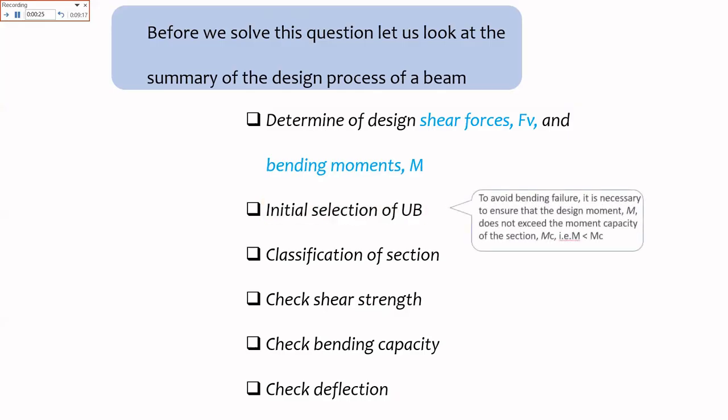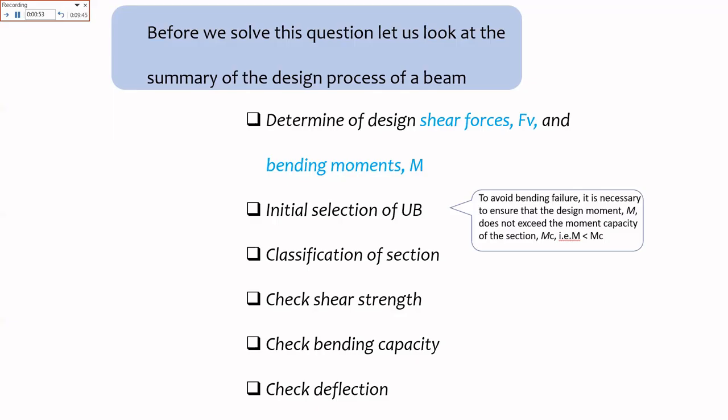Then, to avoid bending failure, it is necessary to ensure the design moment M does not exceed the moment capacity of the section, Mc. That is to say, M should be less than Mc. The next step is to classify the section. Then we check for shear, then for bending, and finally we check for deflection.